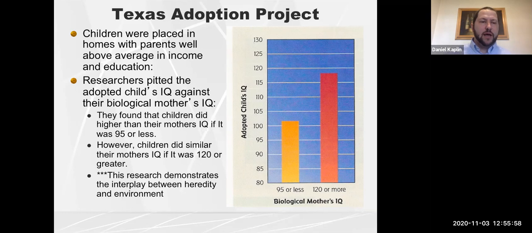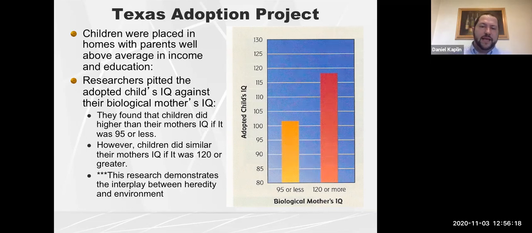Whereas if you had a child whose biological mother had an IQ of 95 or lower, so average IQ or low average, then they were adopted into another family, the IQ spiked up to over 100.